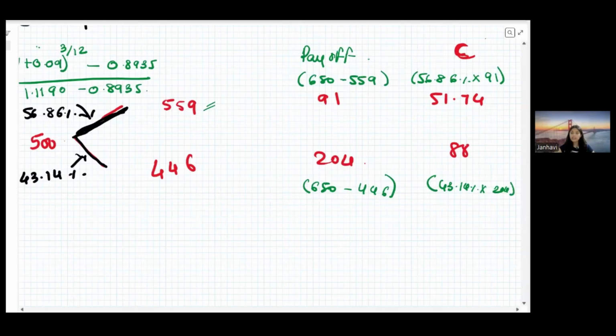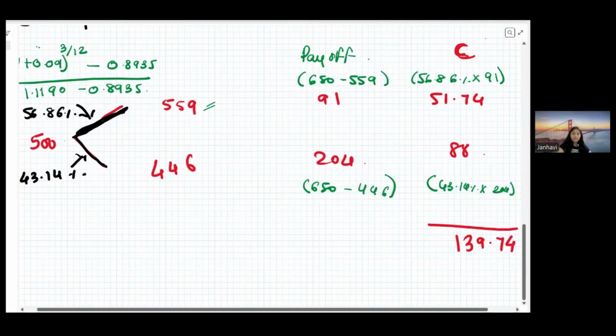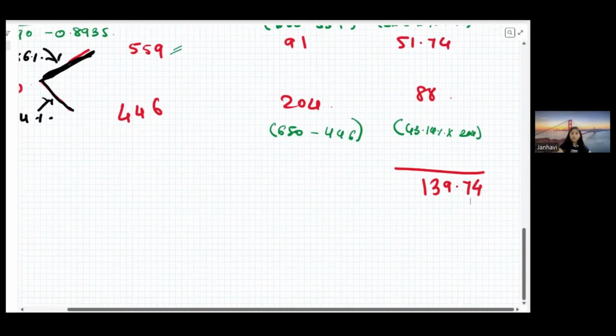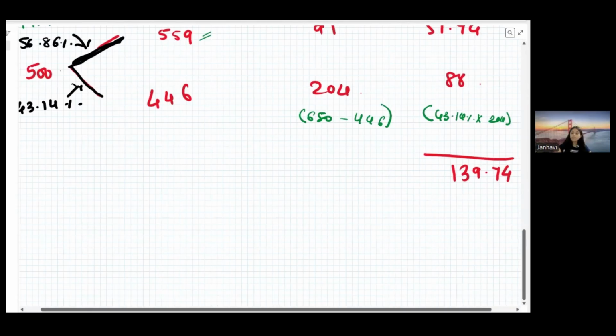So let's take 88. That will give us a total of, so we need to add it, 88.00 something I'm getting, plus 51.74, and that is 139.7. I'm getting 4, but you might get something else, but 139.74. So now what we need to do by taking this number is our step 4.